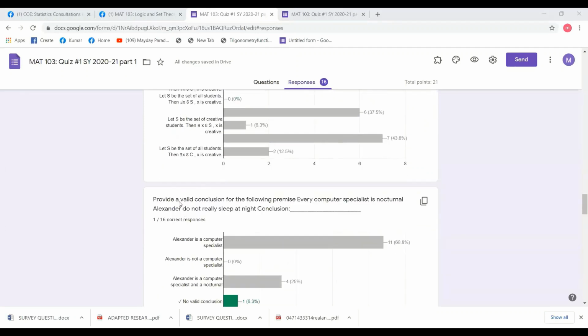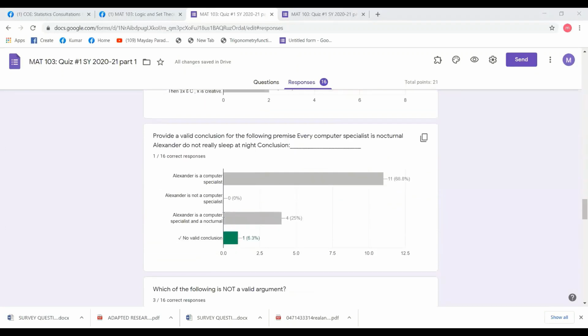Let's proceed with this one. Provide a valid conclusion of the following premise. Every computer specialist is nocturnal. Then Alexander does not really sleep at night. What do you think is the conclusion? We could say here Alexander is nocturnal.